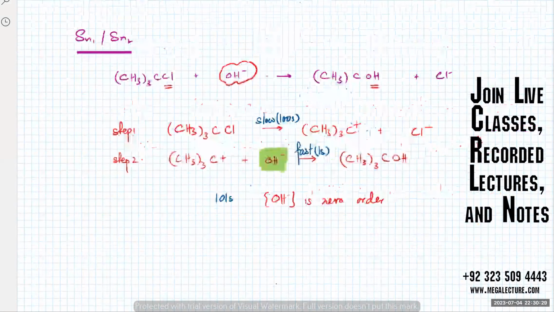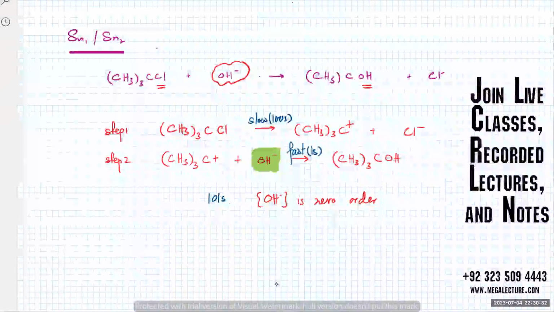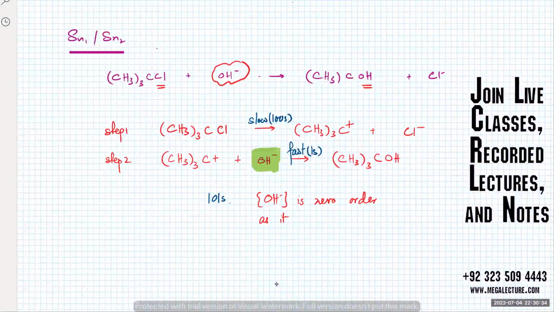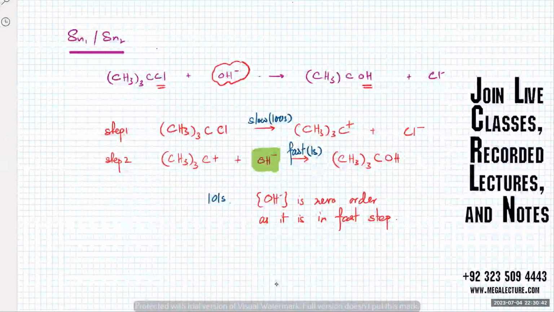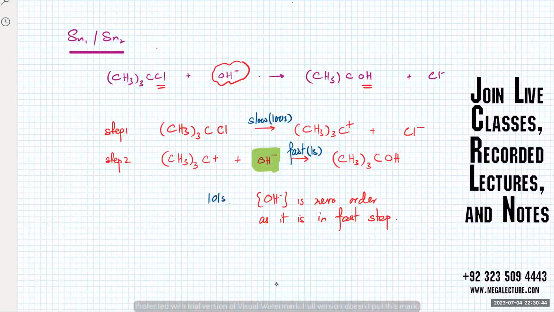Why? Because it's in the fast step. So that's why it's 0 order, that although the reaction will speed up, but it's the fast step that's going to speed up. So no matter how much you speed this fast step up, pretty much nothing happens.